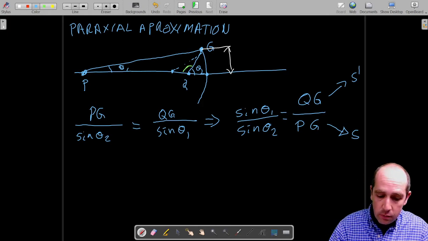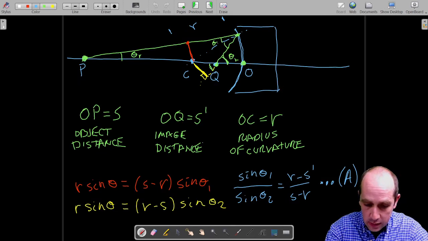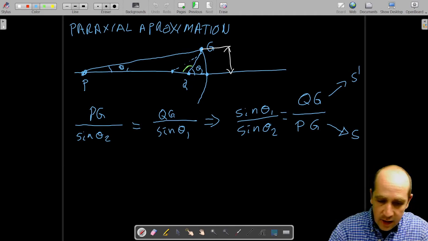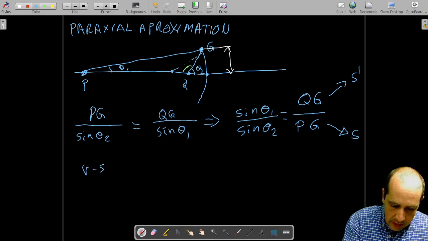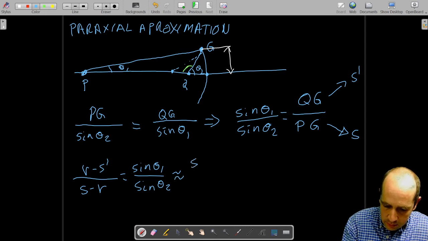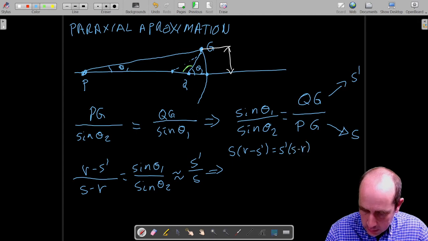Okay, so if we combine these with equation A, and let me just go back a couple of slides, from equation A over here, combined with what we just did, what we obtain is that (R minus S prime) divided by (R, S minus R) is equal to sine theta 1 divided by sine theta 2, which in this approximation is S prime divided by S. And from here, S times (R minus S prime) equals S prime times (S minus R).